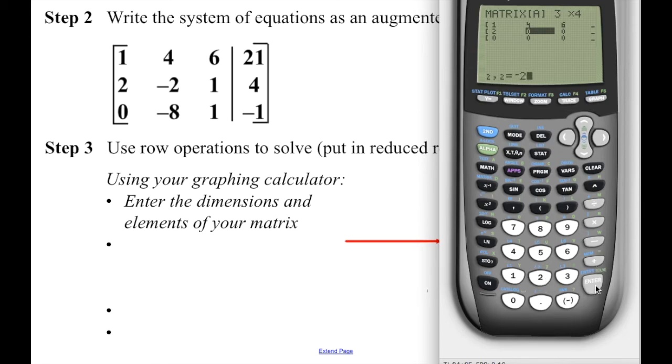So we want -2 there, a 1, and a 4. Then lastly, in our last row, we want 0, -8, 1, and -1.